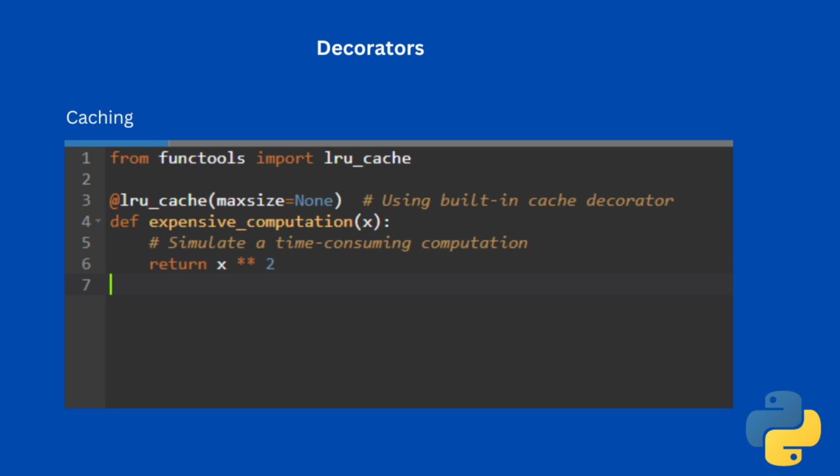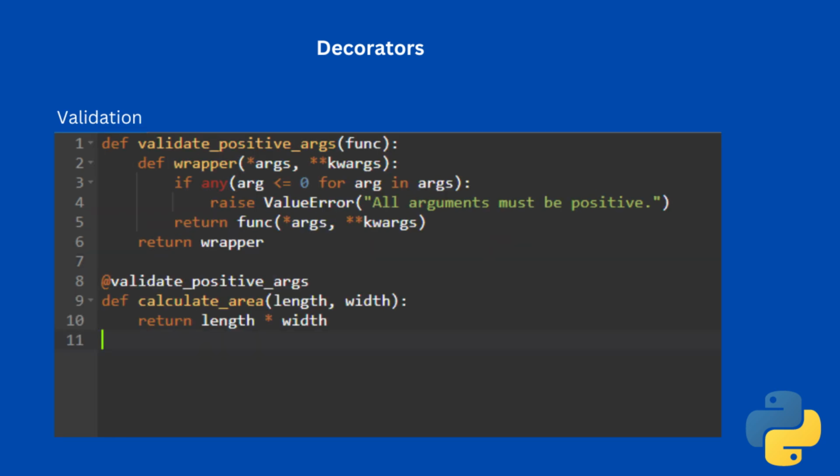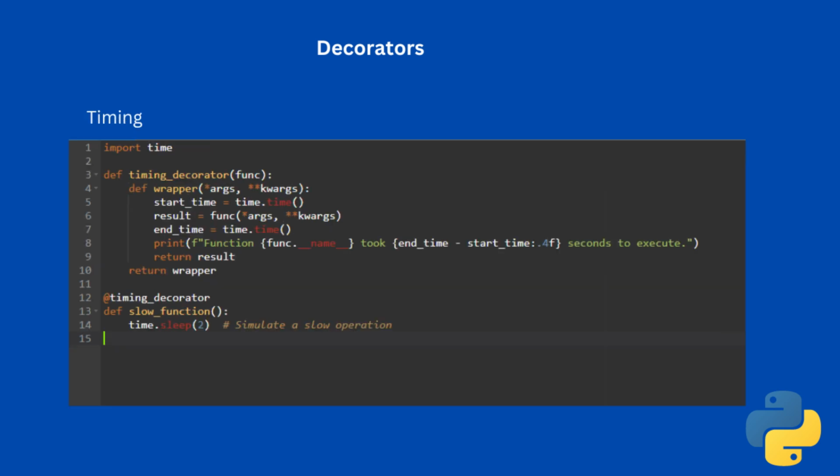Third one, caching. If you want to cache the results of expensive function calls to improve performance, you can use a decorator. Fourth, validation. You need to validate inputs or outputs of functions before they execute or after they return. Fifth, timing. If you want to measure and record how long a function takes to execute, you can use a decorator. These are only some common cases, but you can add a decorator whenever you need to add reusable code.